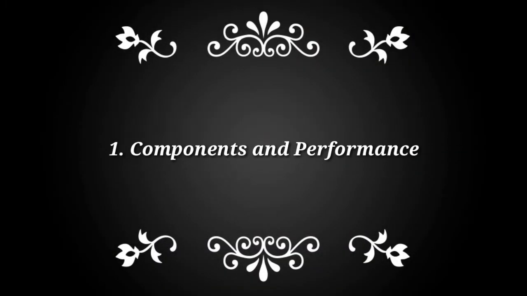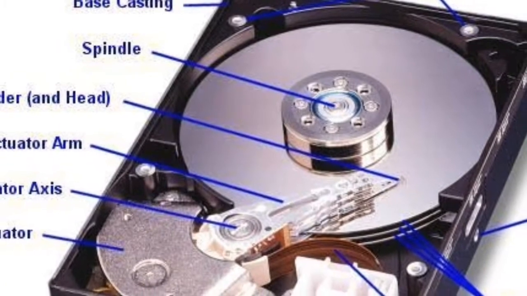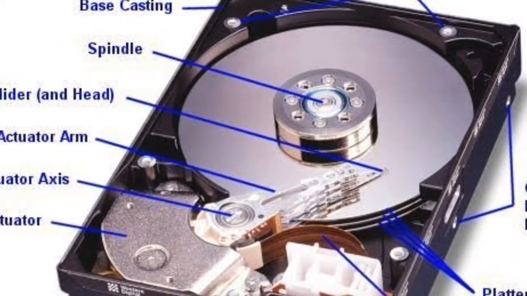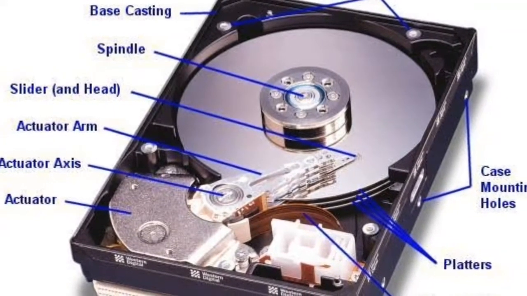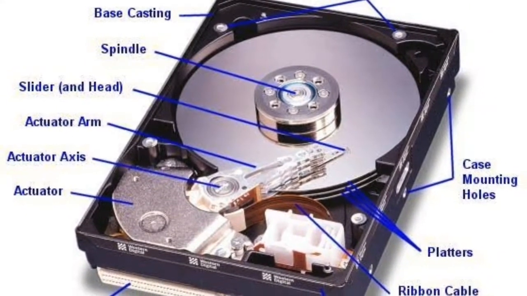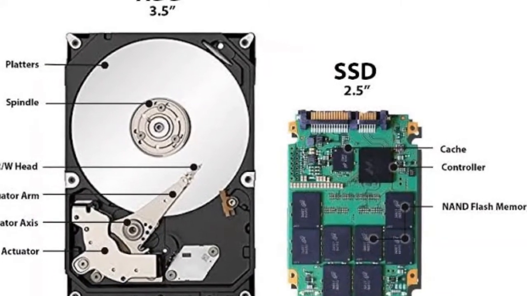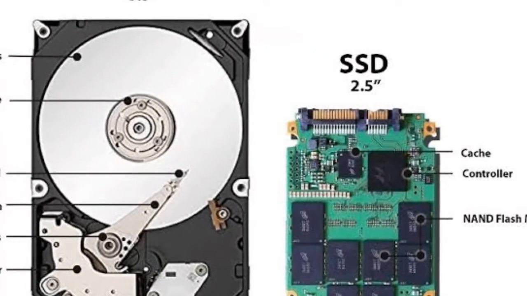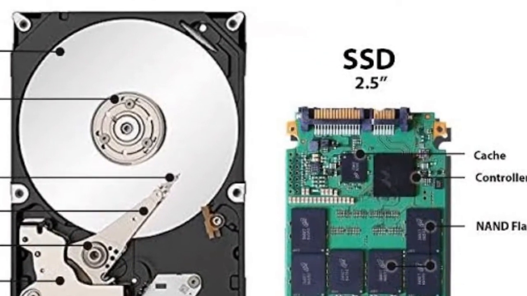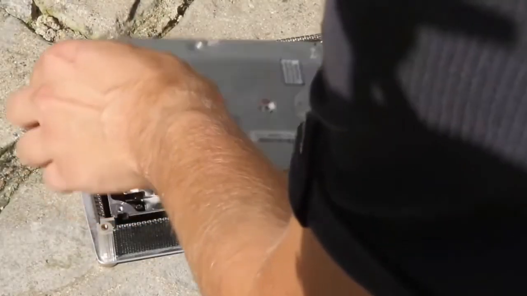First, comparison of components and performance. A hard disk consists of electronic and mechanical components, which consist of disks, motors, and arms that are connected to the disk. The process of writing and reading data is done through a mechanical process where the disks are rotated by the motor and the end of the arm is connected to the electronic components that process the data.